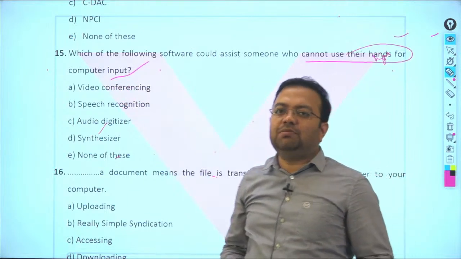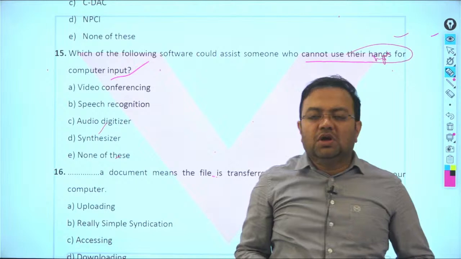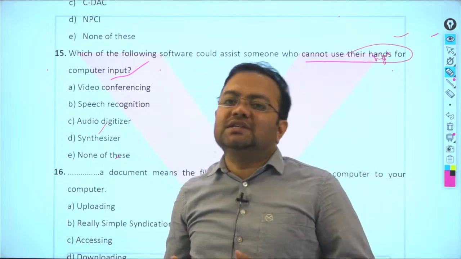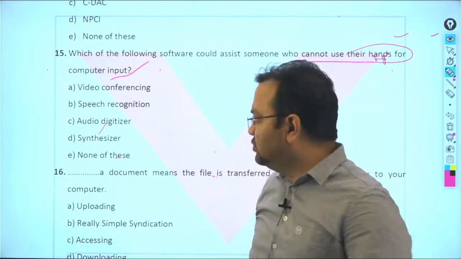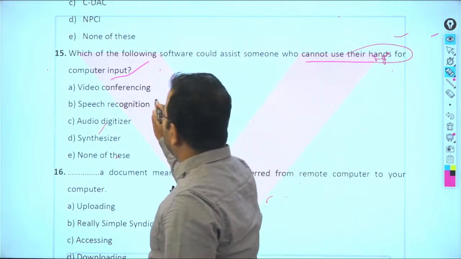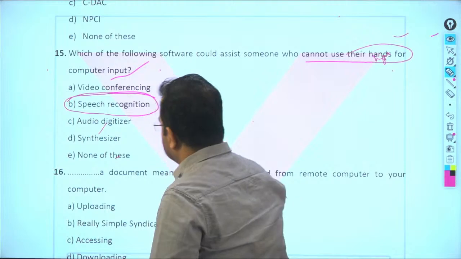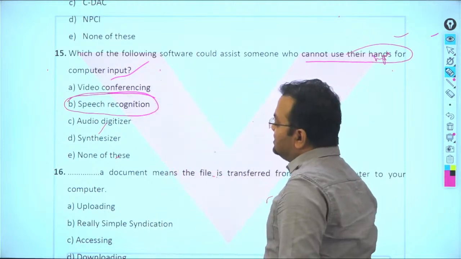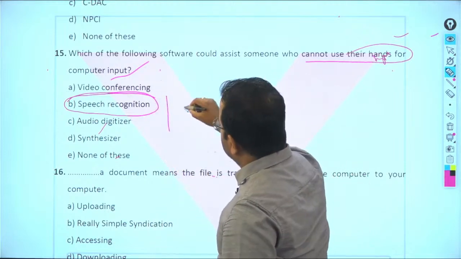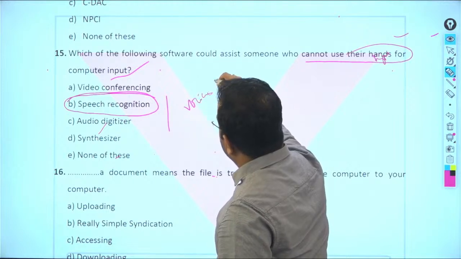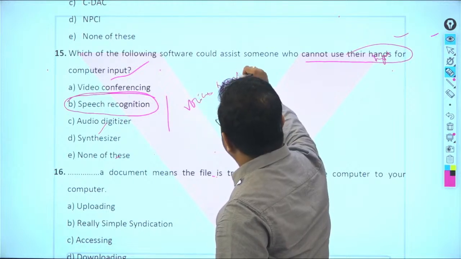So students, if instead of keyboard, if you want to give the text based documentation as an input, then we can take the help of voice assistant or speech recognition. So in the option it has mentioned speech recognition, or we can say voice assistant.